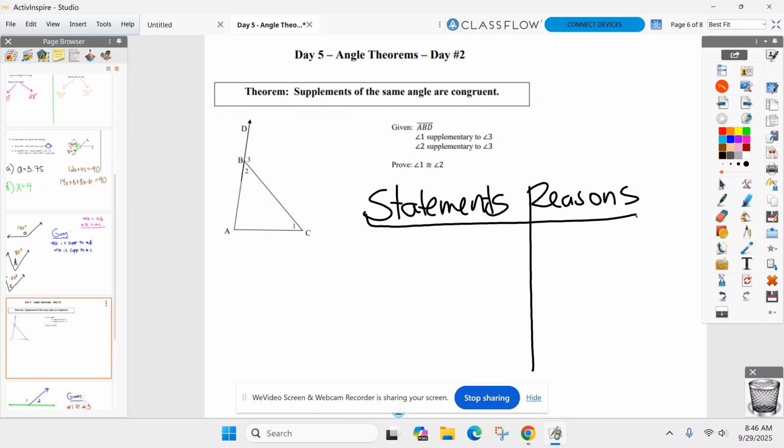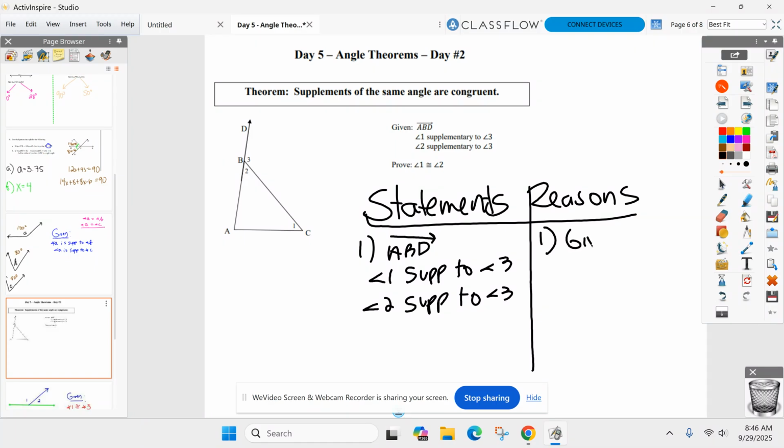No markings, unfortunately. Okay. So I have 1 supplementary to 3 and 2 supplementary to 3.